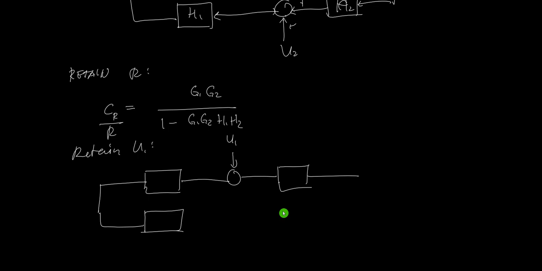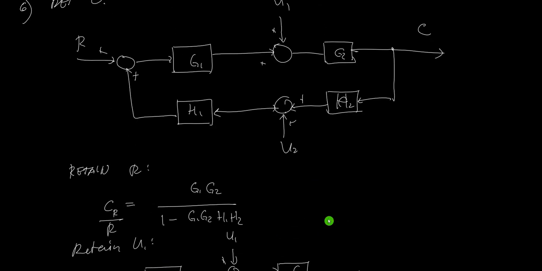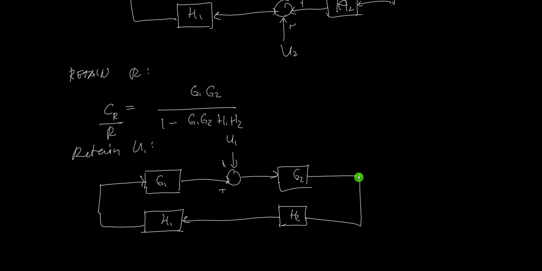Then we have another one here, which will be just a straight line, then connect it here. This is plus, plus, this is G1, and this is G2, H1, and H2. So where is C? Our C is here.